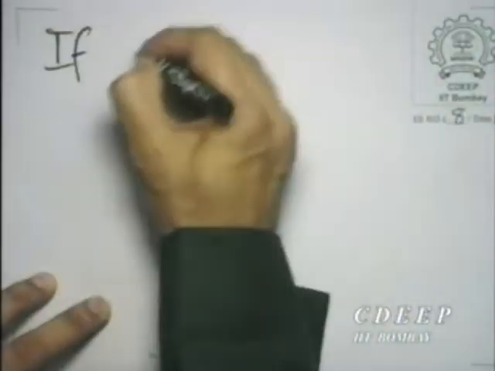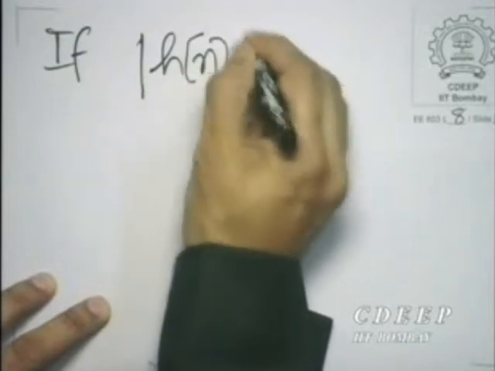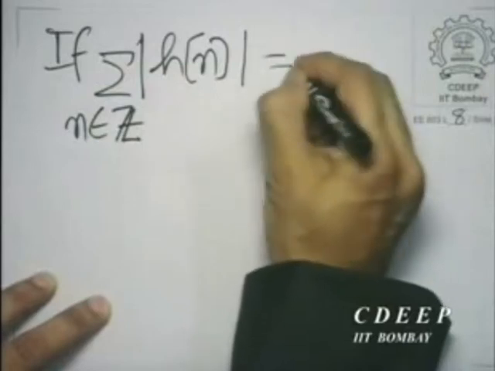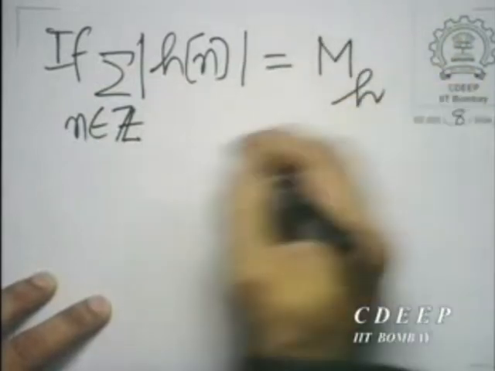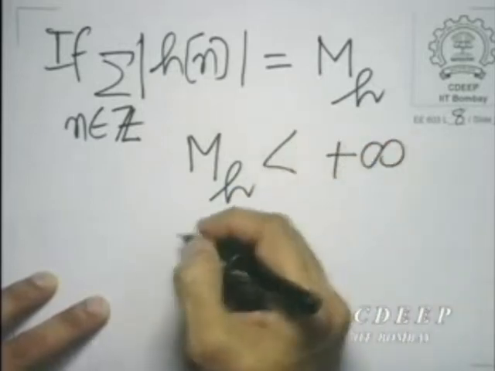But what we said is that given that the input is bounded, the output is also bounded. In that case, if mod Hn summed over all integer n is equal to, let us call it mh, and of course mh is less than plus infinity. Of course mh must be non-negative.